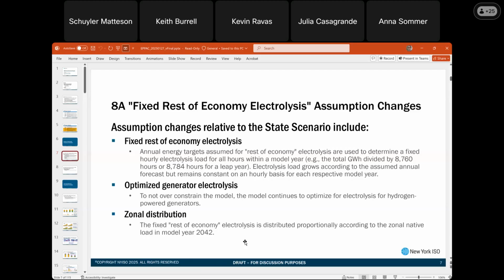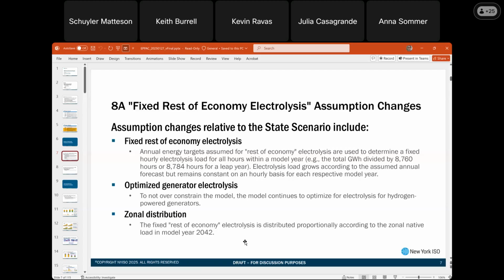And then we also have electrolysis that is optimized and connected to the hydrogen generators that we have within the model. So if a hydrogen generator wants to run in our case, the model has to add electrolysis load to balance that generation, as well as the sourcing of the hydrogen, which requires that electrolysis and the additional load.